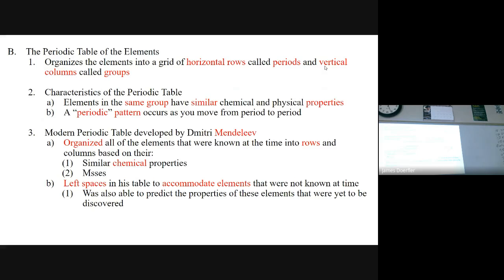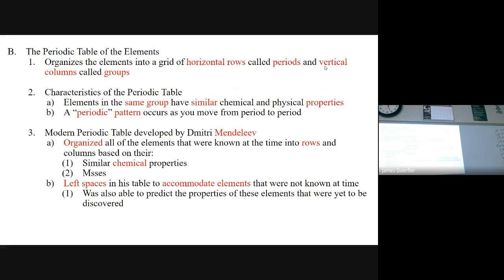But you don't hear anything about Lothar Meyer because Dmitry Mendeleev gets the credit for this because of his tenacity to get his table published. In fact, he kept getting turned down. He decided he was going to write his own textbook, and he included his table in that textbook and was therefore awarded with the publication of the first modern periodic table.